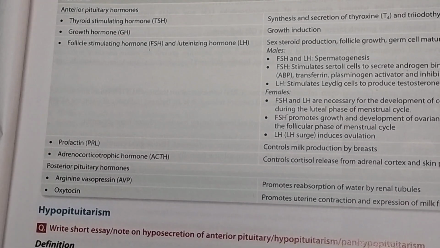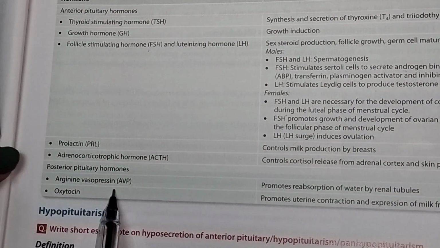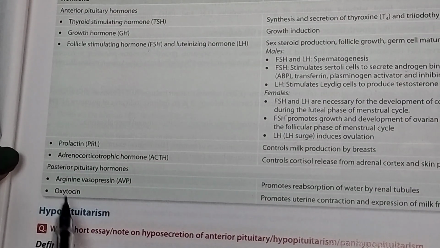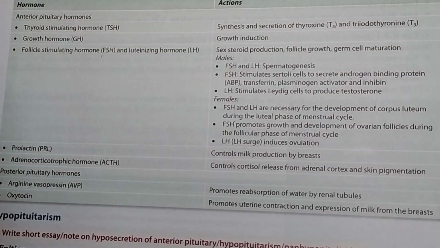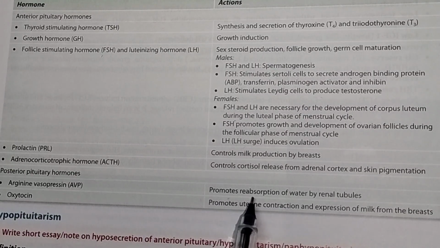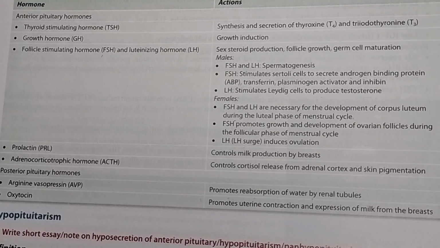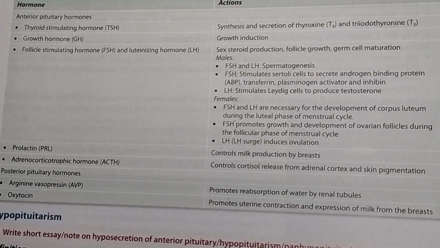What are the posterior pituitary hormones? They are arginine vasopressin and oxytocin. Now, what are the functions? Arginine vasopressin promotes reabsorption of water by the renal tubules. That is the mechanism: it reabsorbs water back from the renal tubules. And what does oxytocin do?